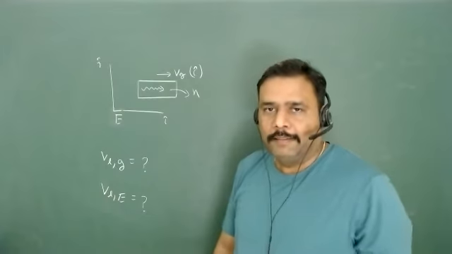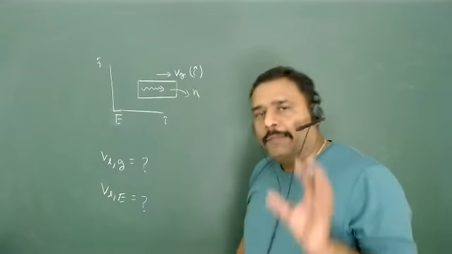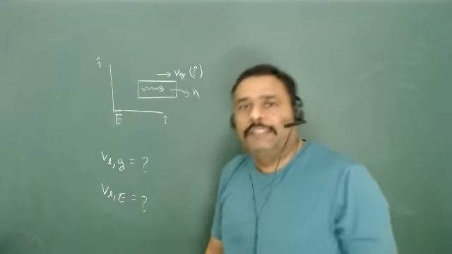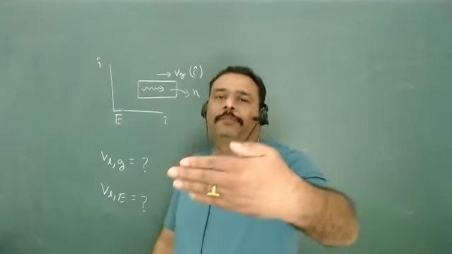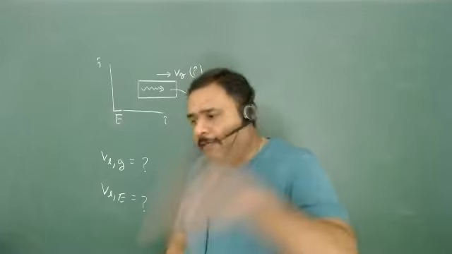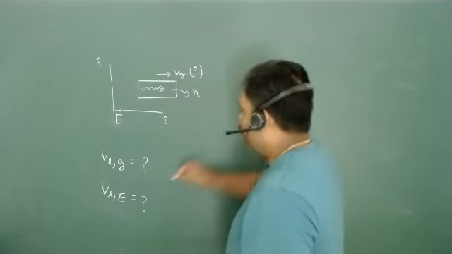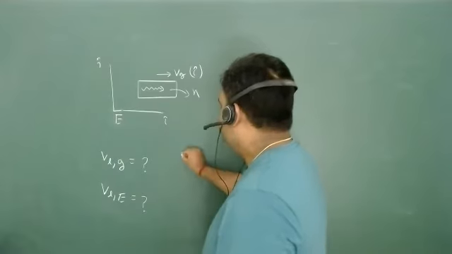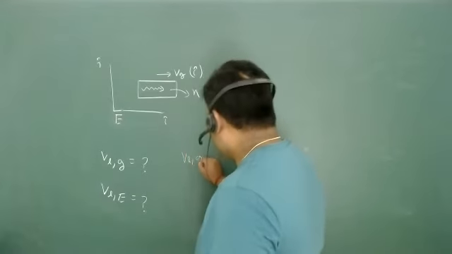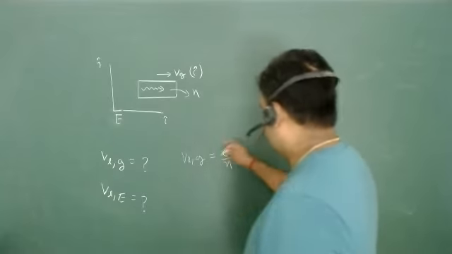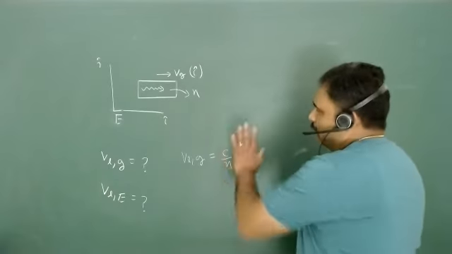C by n. When you are measuring this particular thing, C by n, the assumption is that the glass plate is at rest with respect to you. If you are taking this assumption, then only you can say that the velocity of light with respect to the glass plate is nothing but c by n.